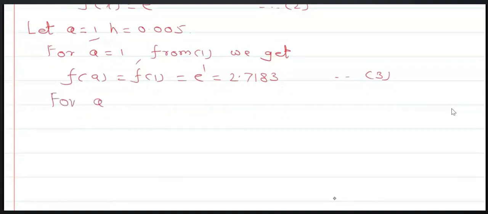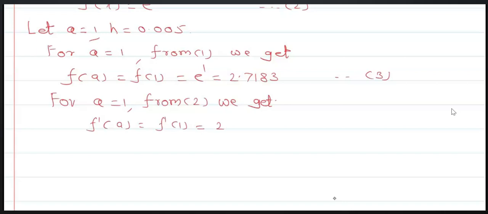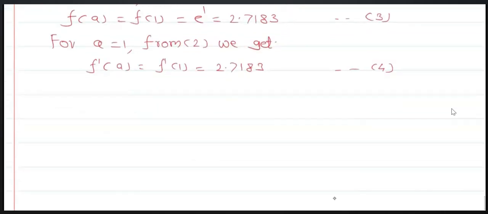These are the values we require. Next, a is equal to 1. From 2 we get f dash of a is equal to f dash of 1, that is 2.7183. This is the fourth.